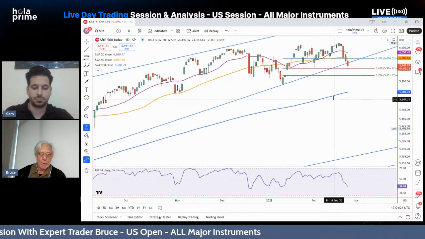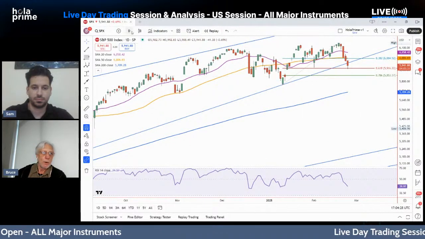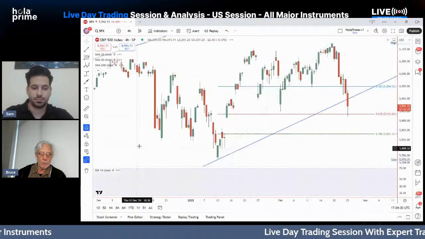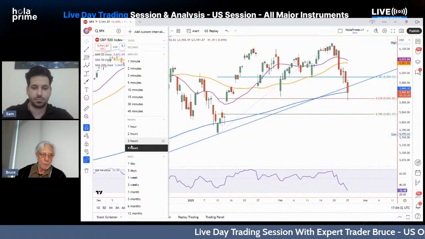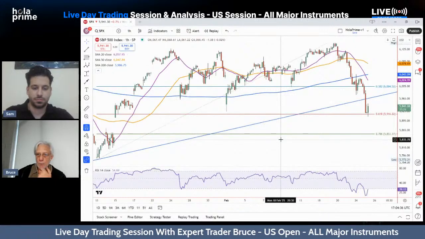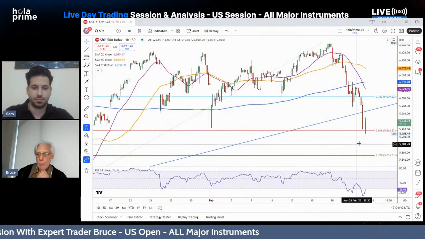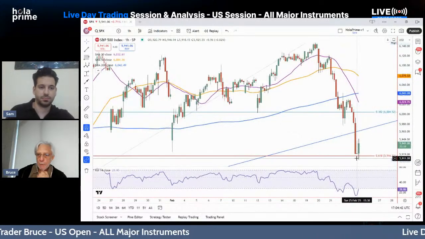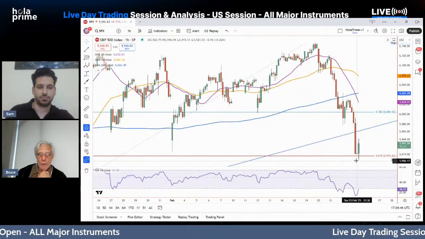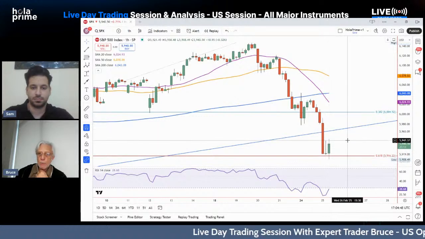So now the question is, is it still shortable? So let's go into the hourly and look at it a little more carefully. Here's one interesting thing that happened. We had a bearish candlestick pattern last hour, right here. Bearish, why?